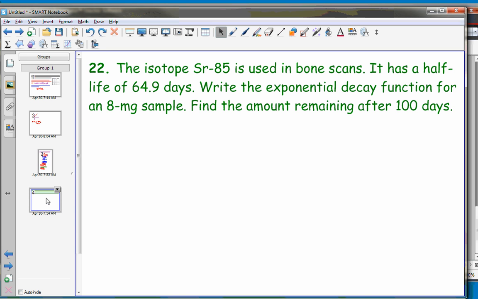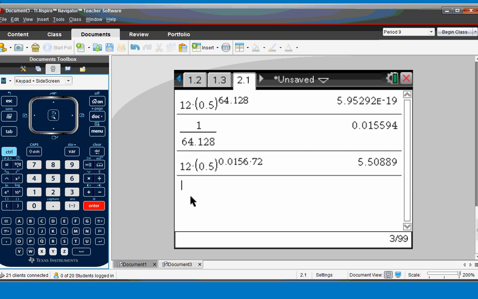And make sure we're showing all of our work and we're not just writing down the answer. Get out a sheet of paper and get busy. I'm going to give you guys like 4 minutes to do this problem.